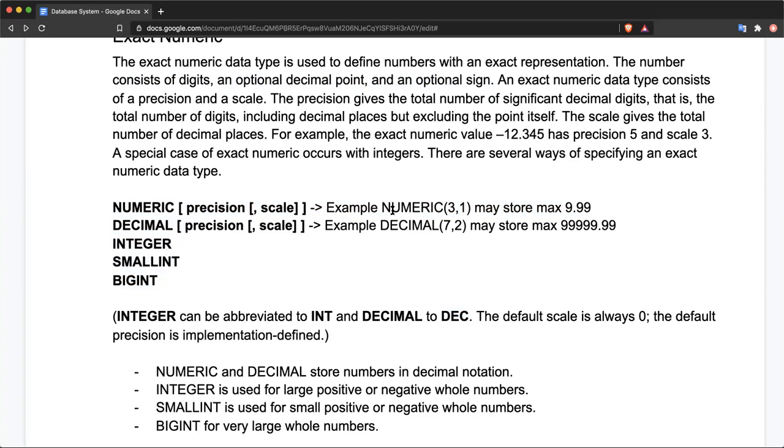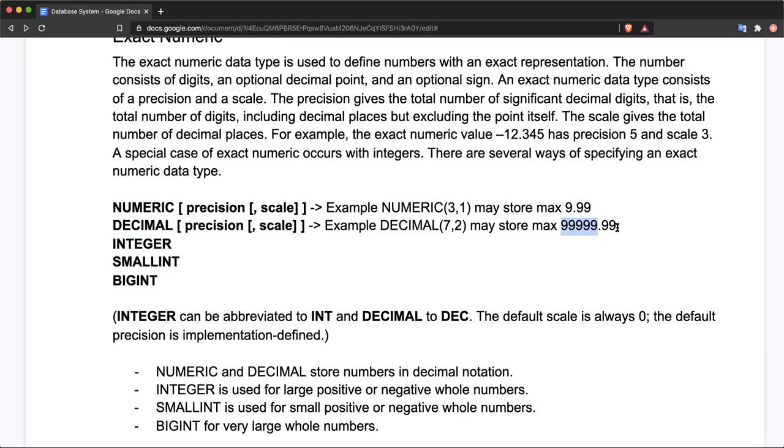For example, if we define a numeric data type like numeric(3,1), it can store a maximum value of 99.9. Similarly, if we specify the data type as decimal(7,2), it can store five nines before the decimal point and two nines after the decimal point.